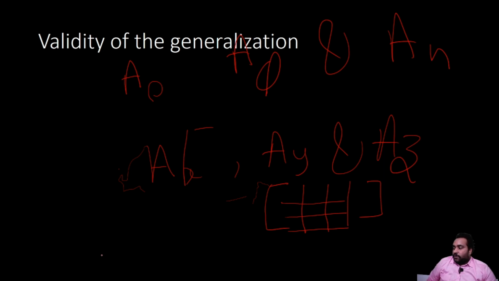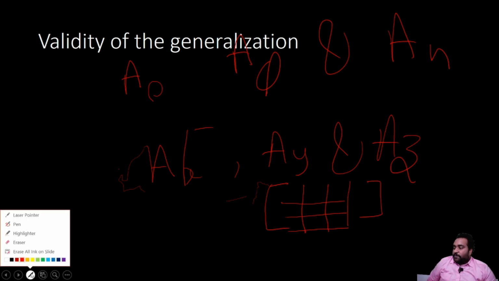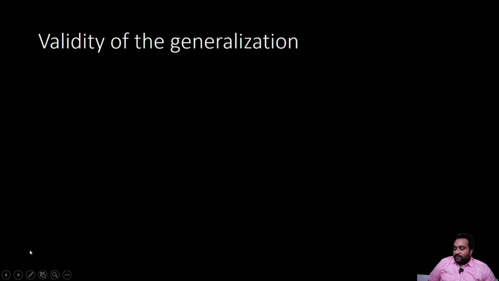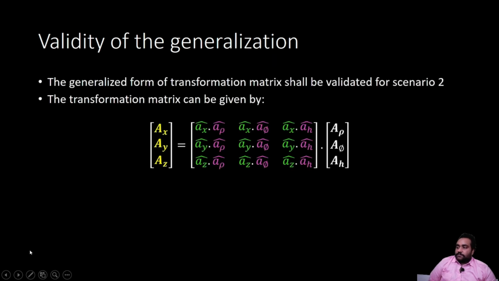Now, the way it would be looking is this. You may see that here the rows correspond to ax, ay, az and the columns correspond to a rho, a phi and az.